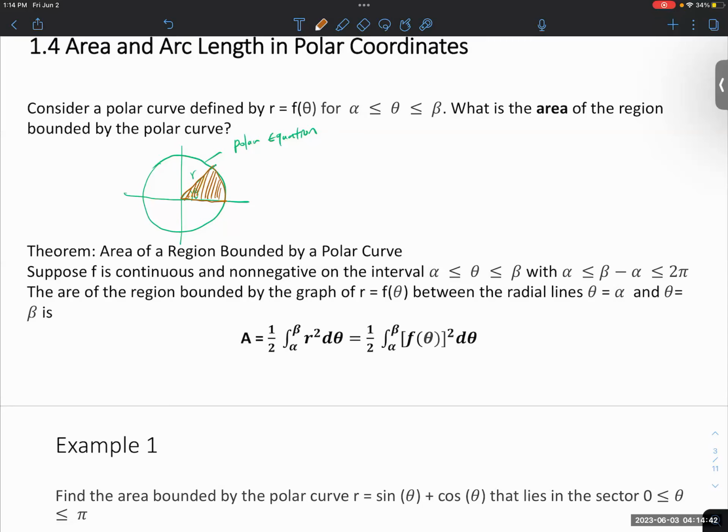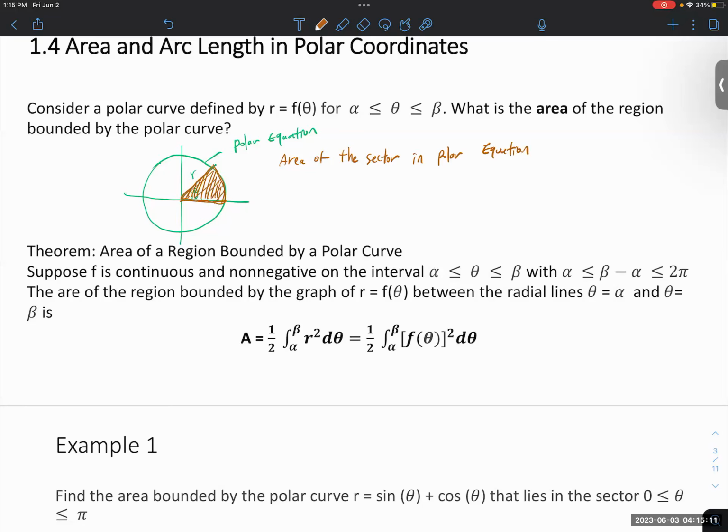Yeah. So in general, if you remember, there are a lot of previous concepts that you learned in trigonometry. So we have a circle and there's a radius. We want to find out the area of the sector in a polar equation. Basically I want to find out this piece of area.